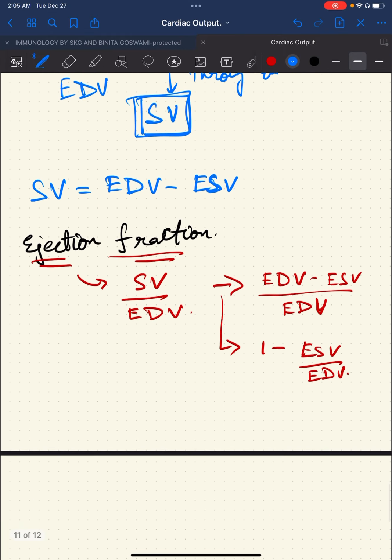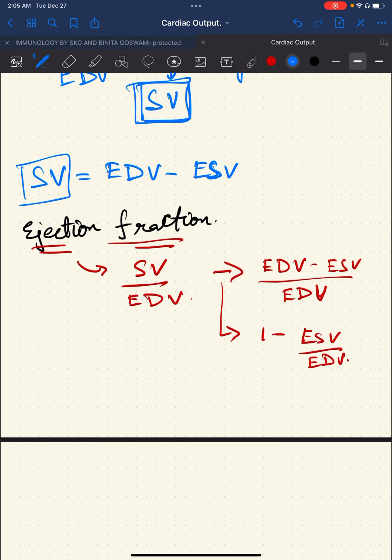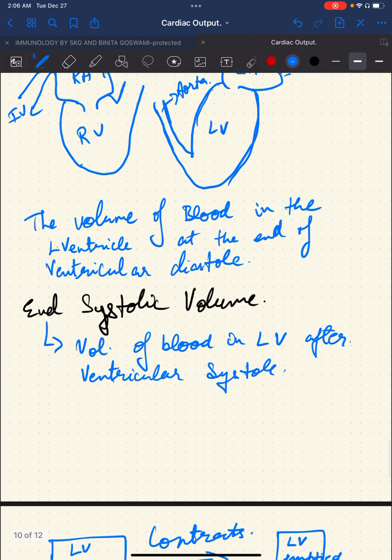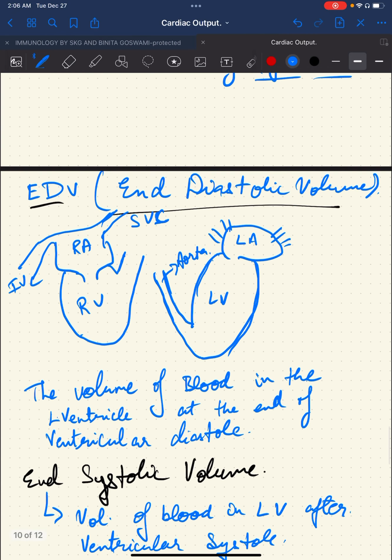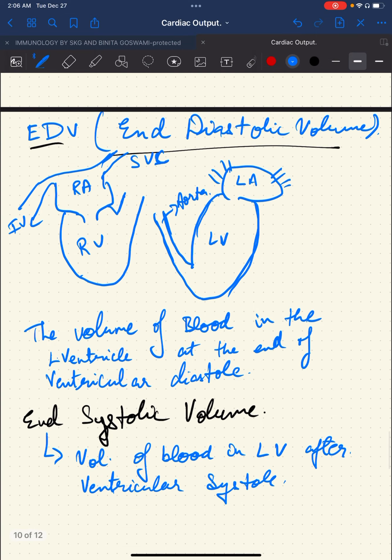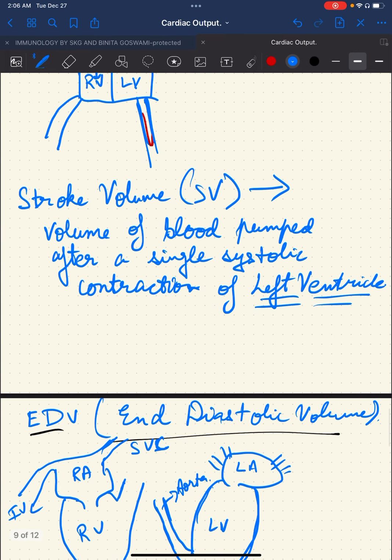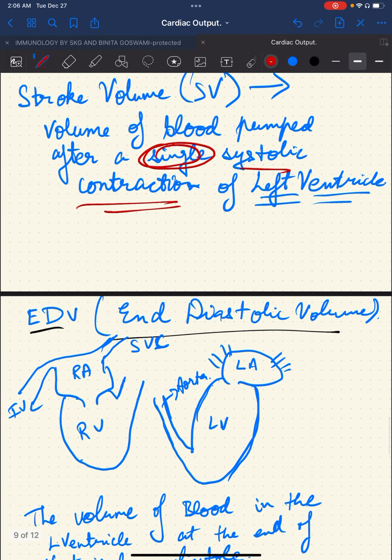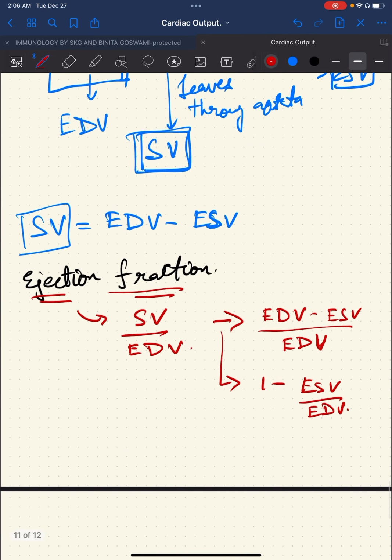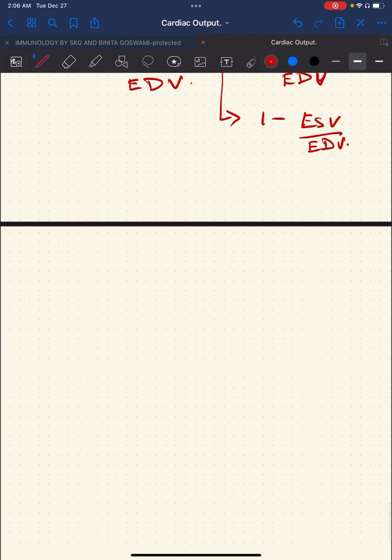So this is our stroke volume and its relation with end diastolic volume and end systolic volume. Stroke volume is the amount of blood that is pumped out of the ventricle after a single systolic contraction. I hope you get this word single. Now, there's something called heart rate, which you all must be knowing very well.